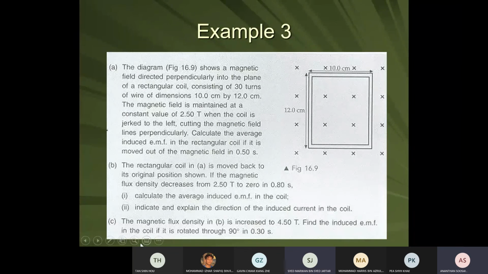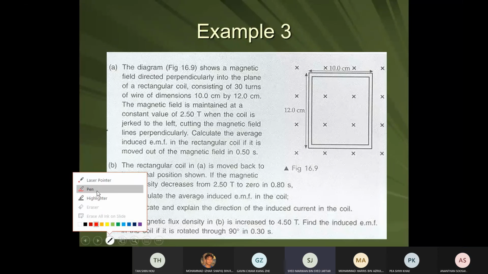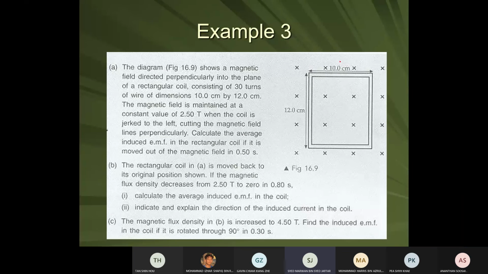Like this, turned 90 degrees. So the final flux becomes how much? The final flux will become 0, right?